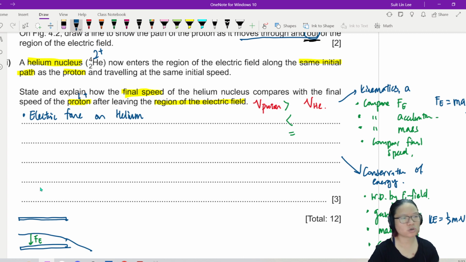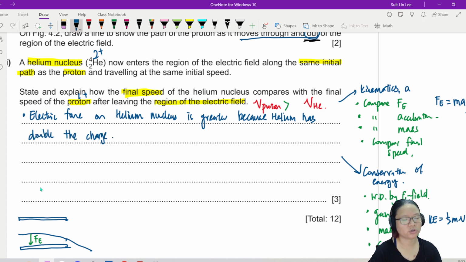Since I know it's double, I should also mention that the electric force on the helium nucleus is double, because helium has double the charge of proton.